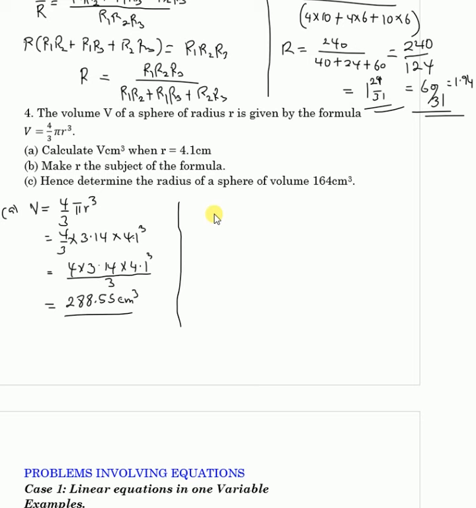Then part B, they said make r the subject of the formula. So we have V over 1 is equal to 4 pi r cubed divided by 3.